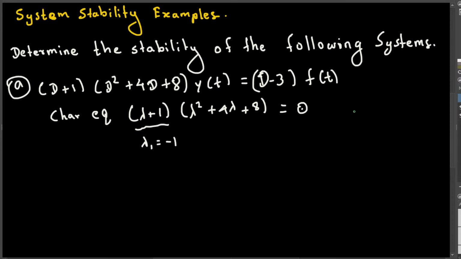When we solve the equation, we are going to have two roots. This is a quadratic equation, so we can apply this formula: minus b plus or minus the square root of b squared minus 4ac, divided by 2a. Here this is a, this is b, this is c, 4 times 8.